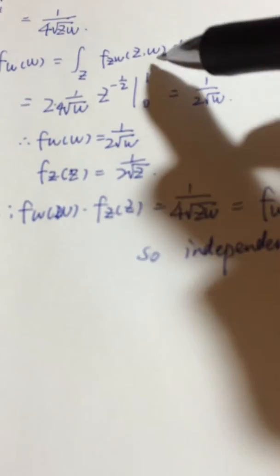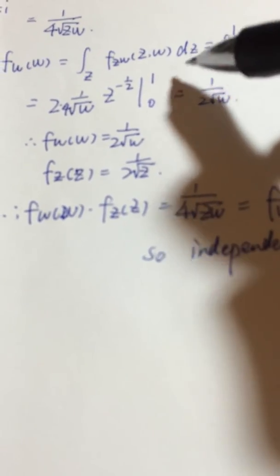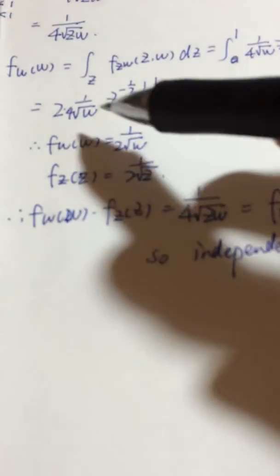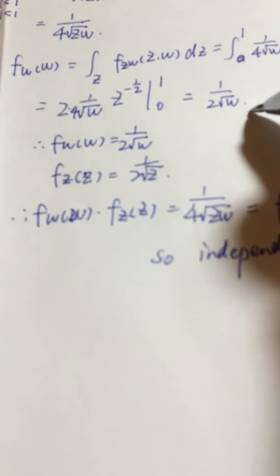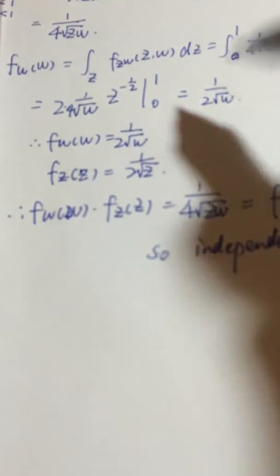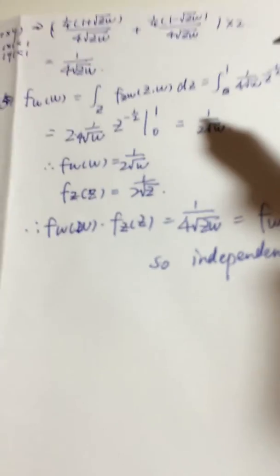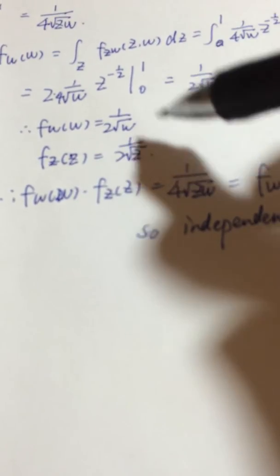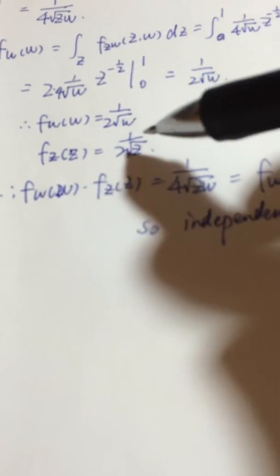The domain of z should be 0 to 1, and we write down the answer like this. W is the same as z.